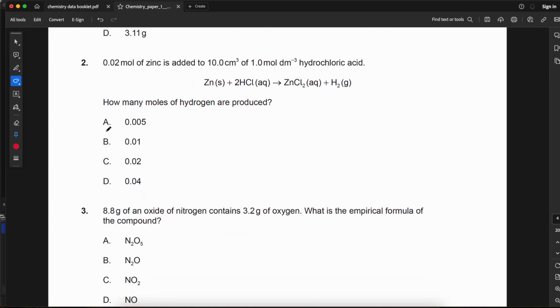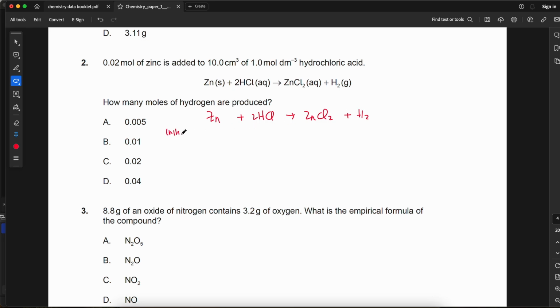0.02 mole of zinc is added to 10 centimeter cube of 1 molar hydrochloric acid. How many moles of hydrogen are produced? So I'm going to rewrite the equation here to make the calculation clearer. Okay, so we need to find out the limiting reactant.